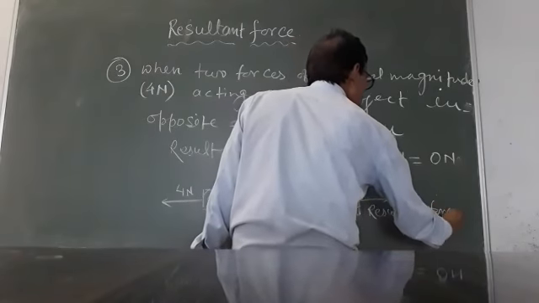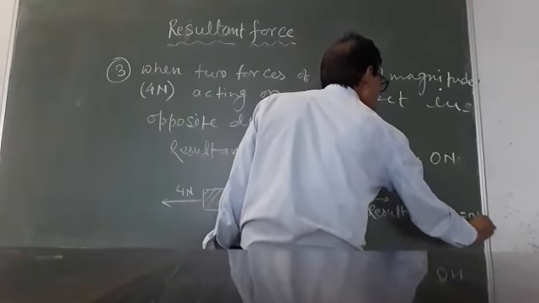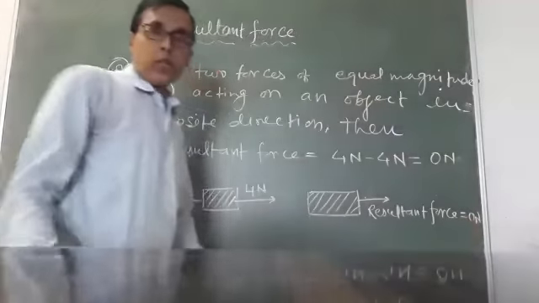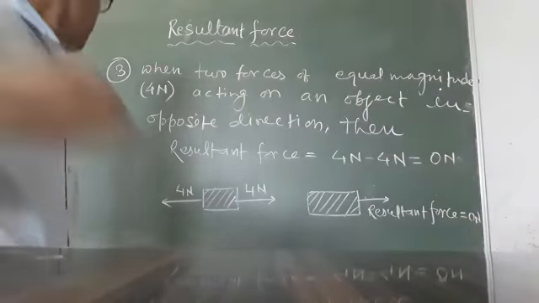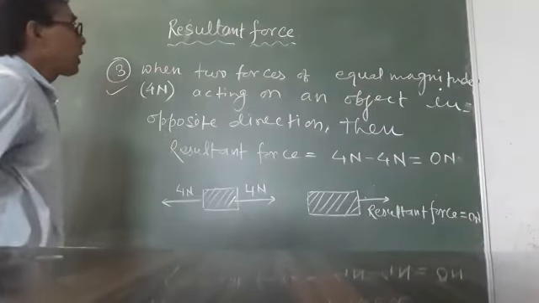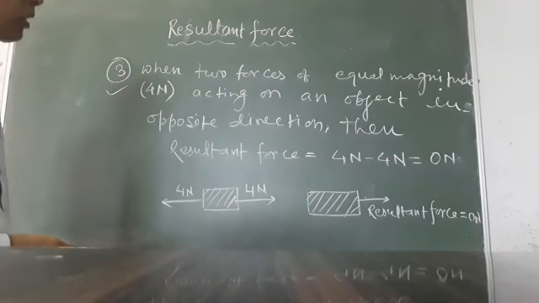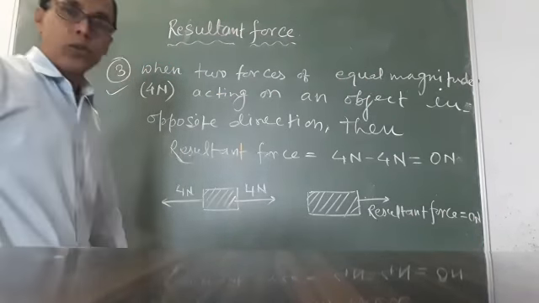Resultant force is equal to 0 Newton. So in this case, this is the third case, when two forces of equal magnitude act on an object in the opposite direction, the resultant force will be 0. Thank you.